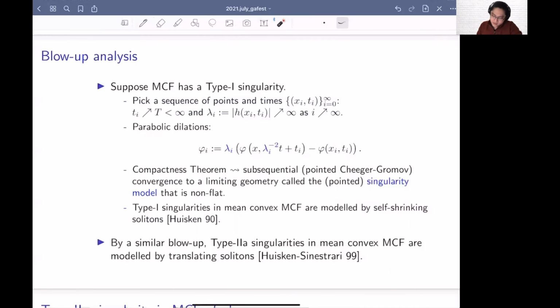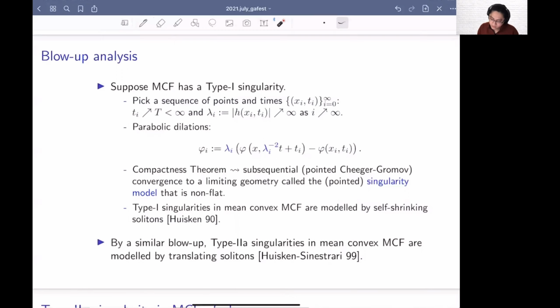And with this procedure in mind, Huisken was able to show that type 1 singularities in mean convex mean curvature flow are modeled by self-shrinking solitons. And one can work out a similar procedure for type 2A singularities for mean convex mean curvature flow, and see that they are modeled by translating solitons.